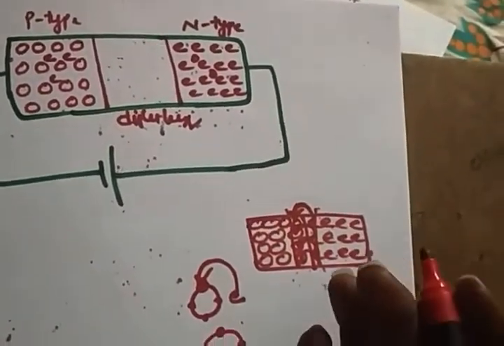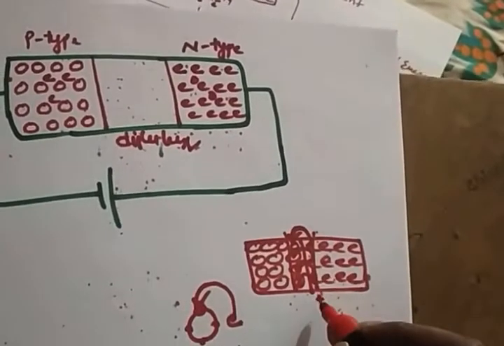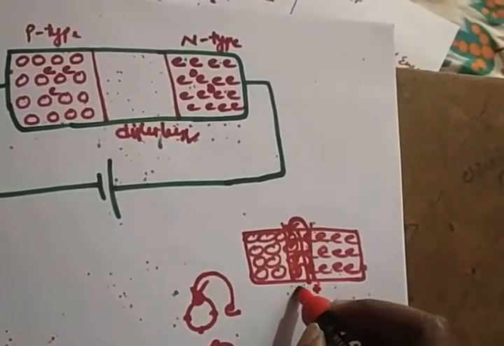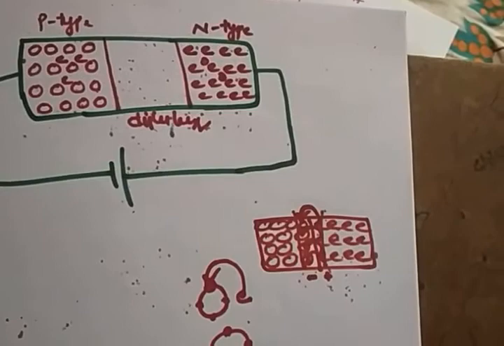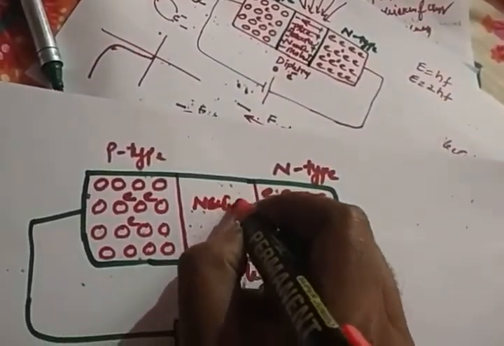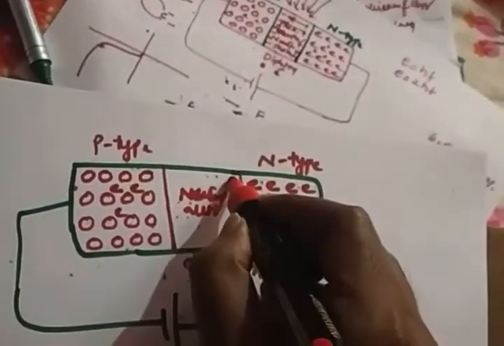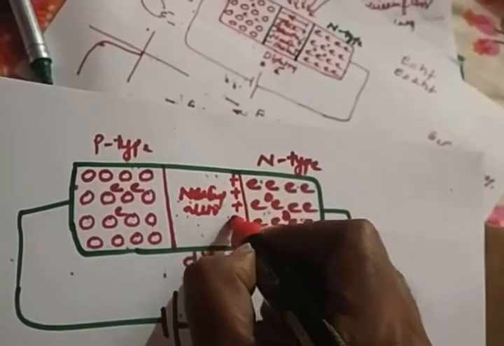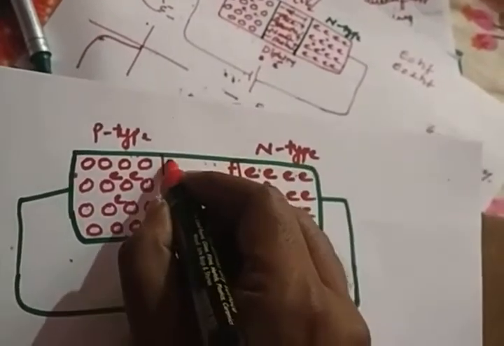That means here you'll get positive ions and here you'll get negative ions. That is called a depletion layer. If you are forming a depletion layer, you are forming neutral atoms. So here you will get positive ions, and here you will get negative ions.